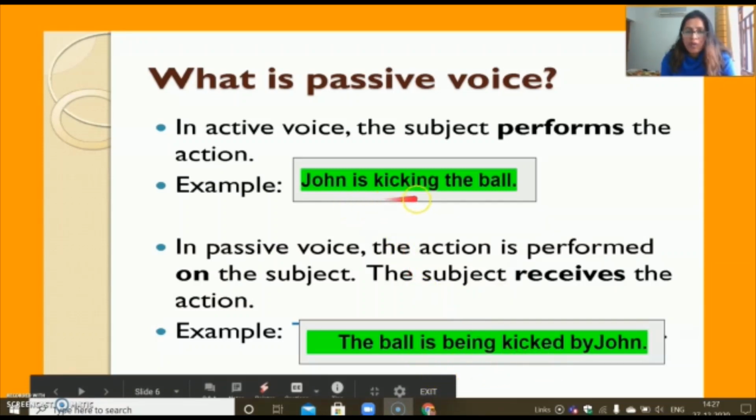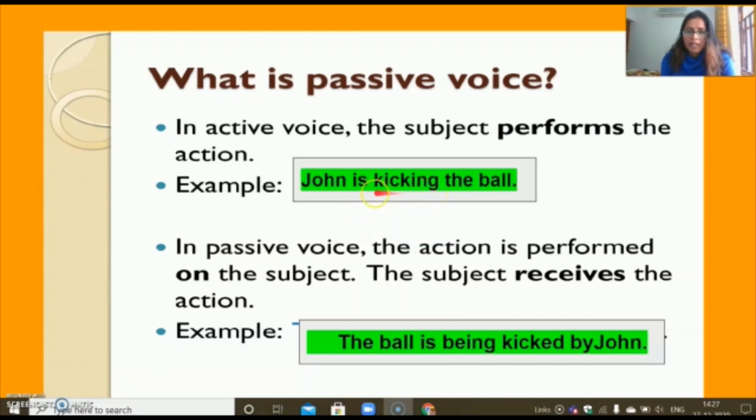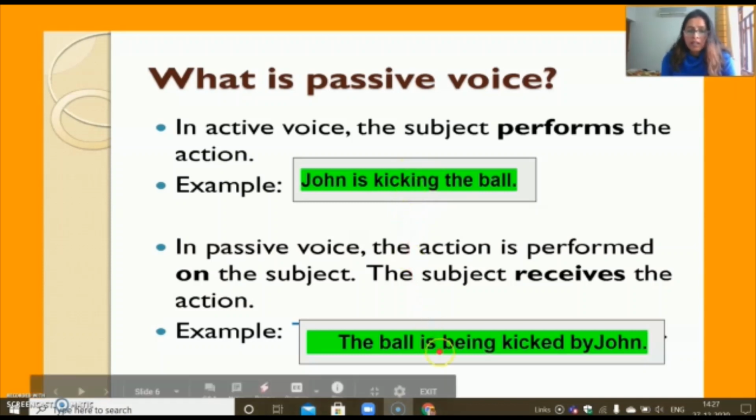So here John is kicking. Is kicking is the active form of verb. Is is the helping verb, and kicking is the main verb plus ing form. It means kicking is the ing form of main verb. But in passive voice, here you can see is being kicked. Is being kicked is the passive form of verb.